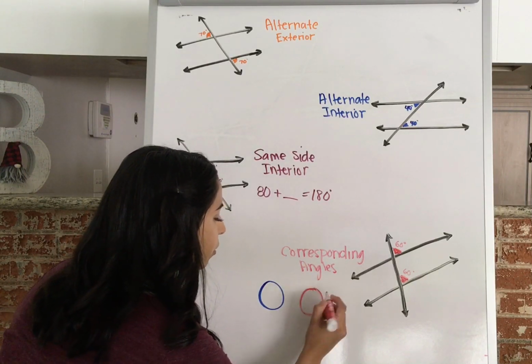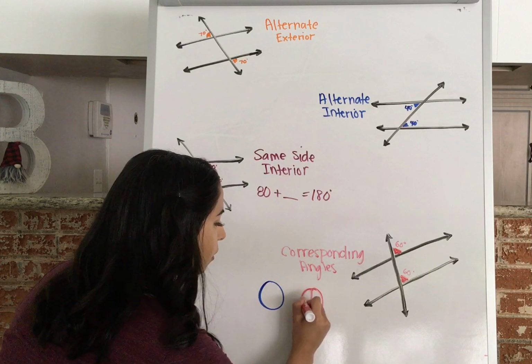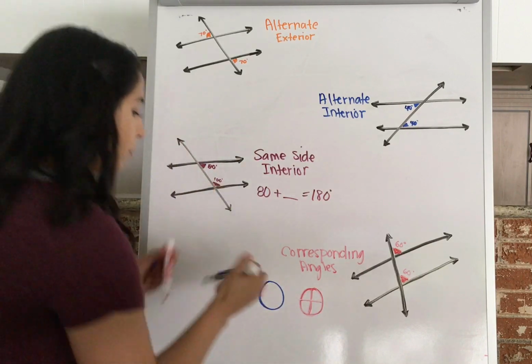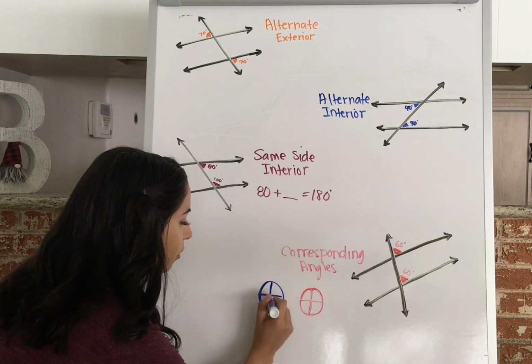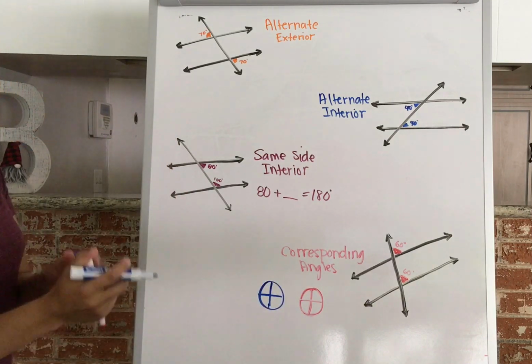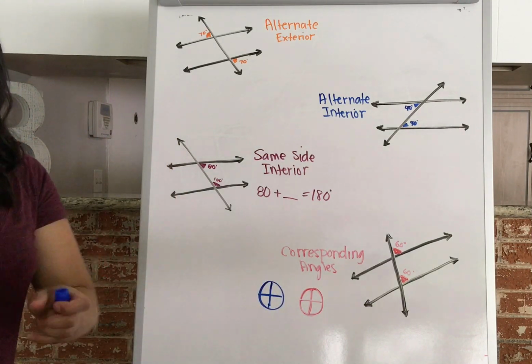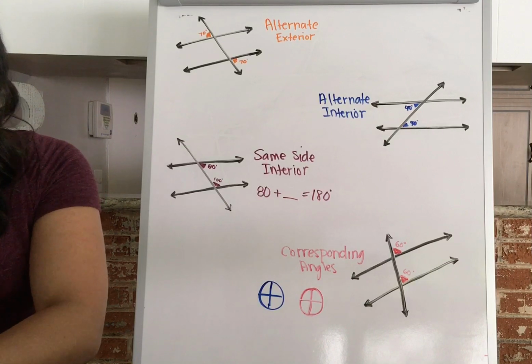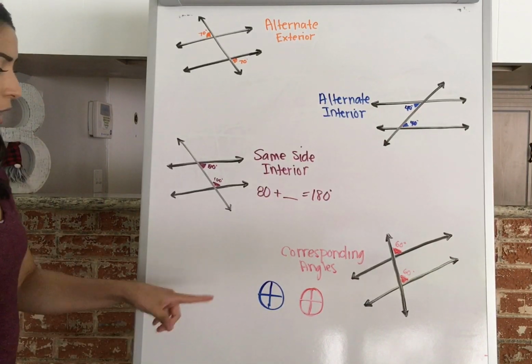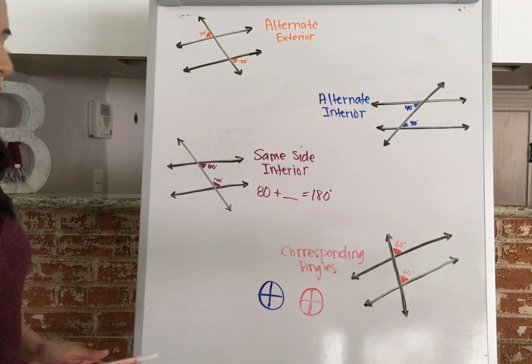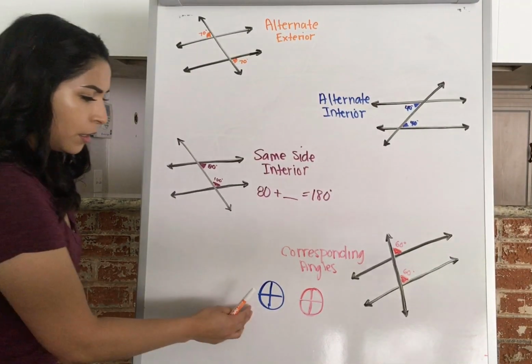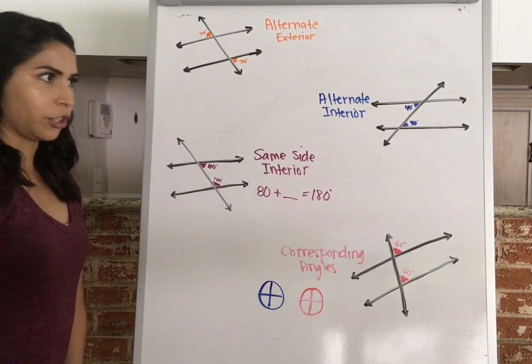Oh, this red marker sucks. Okay. Now do you see how I have 4 sections in each circle? Okay, so corresponding means the same piece, but in a different section, okay?